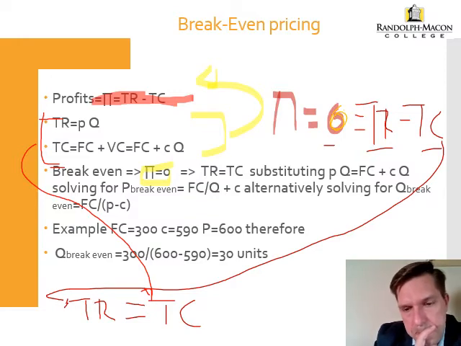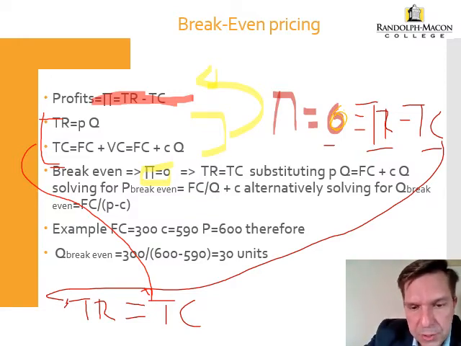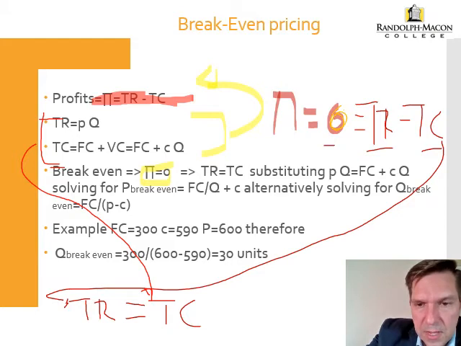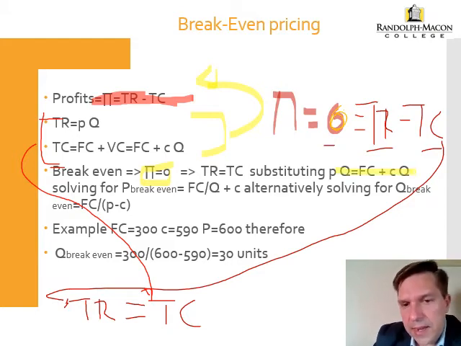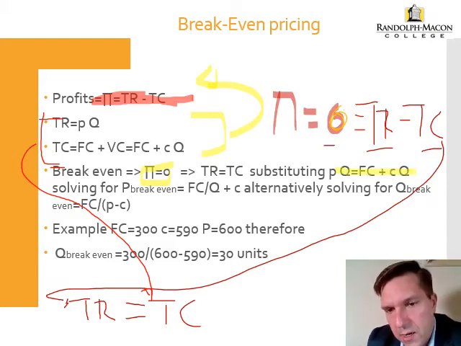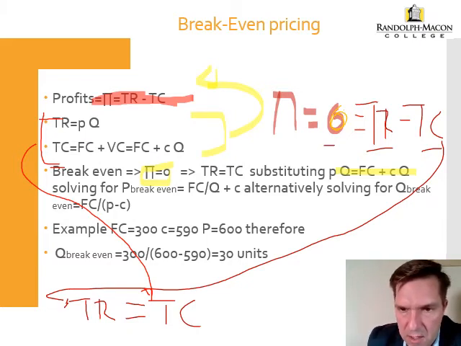I'm not going to do it with my bad handwriting. I'm just going to point out that I already did that on the slide, so you can see it right here. When you substitute those two, you get that expression: P times Q is equal to fixed cost plus variable cost per unit times the number of units, right?